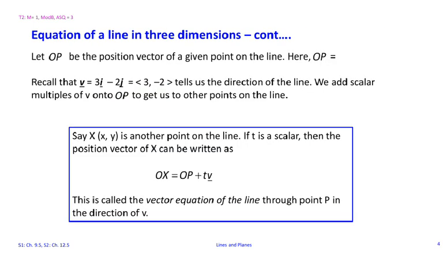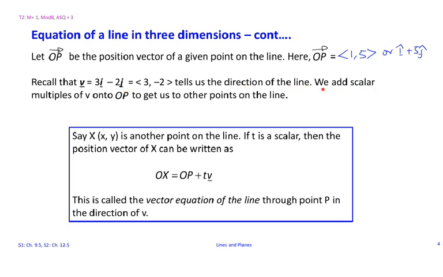If we let OP, once again the convention, be the position vector of a given point on the line, then for the previous example our OP was in fact (1, 5), or we could say it's i plus 5j. And if we recall, the vector we were given tells us the direction of the line.